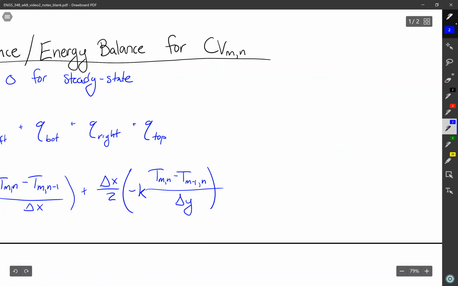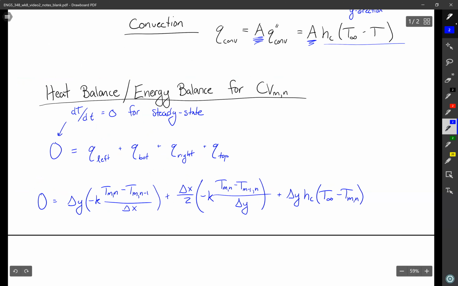So this is A, which is delta Y, our vertical dimension, times h_c (T infinity minus T_mn). So that's the convection going into our system.